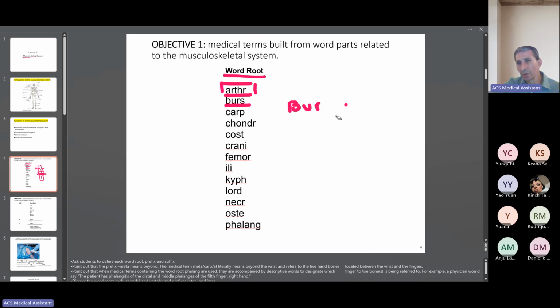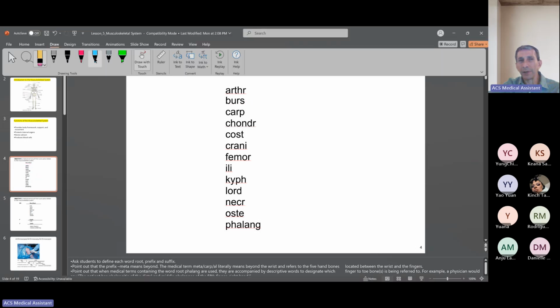It's not commonly used. You're not talking about bursa all the time, but yes, you're going to be talking about arthritis a lot because people come to your office complaining about knee pain, back pain, shoulder pain, elbow pain, hip pain. If you have a problem with the joints, chances are you have arthritis.